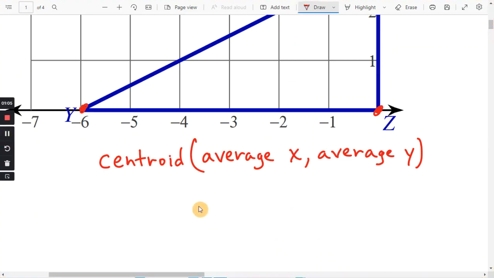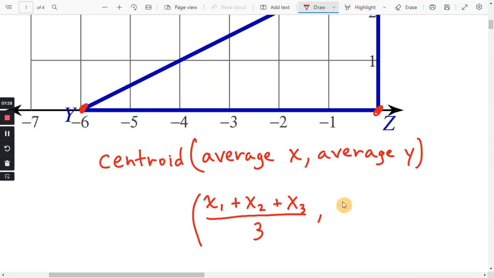So what that would look like in terms of a formula, since we have 3 points, we're going to have 3 x coordinates, x1 plus x2 plus x3. You add the 3 x coordinates, and then you divide by 3. And that will give you the average x.